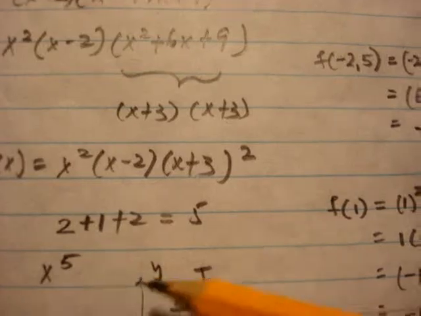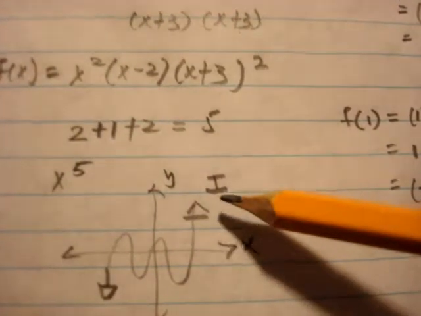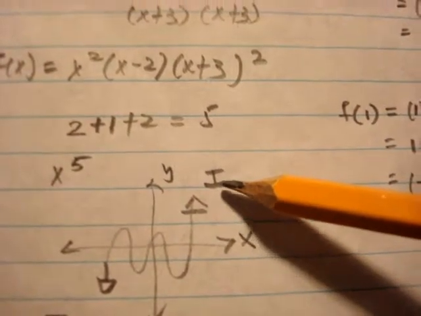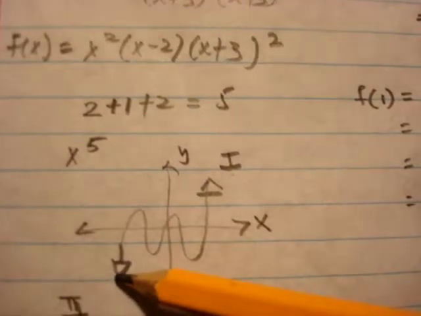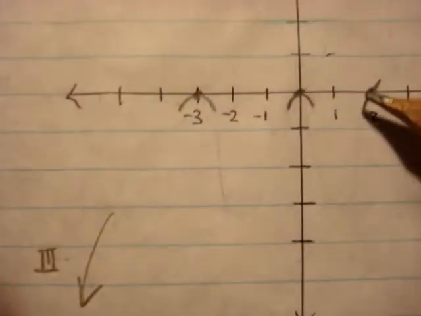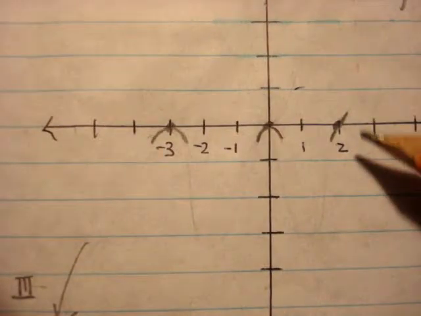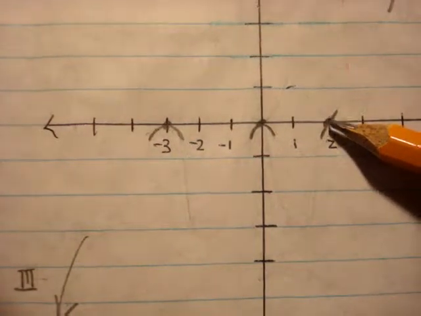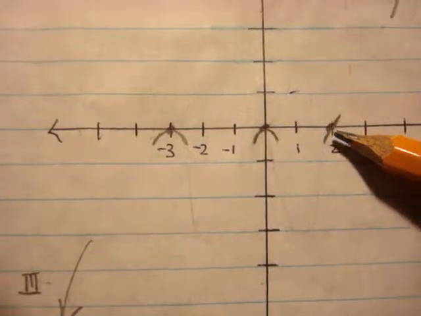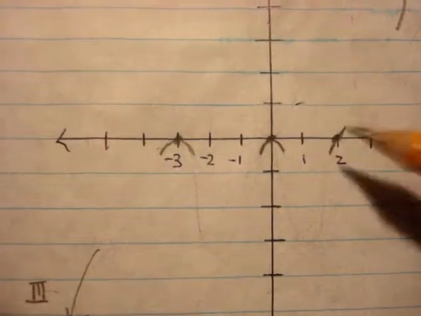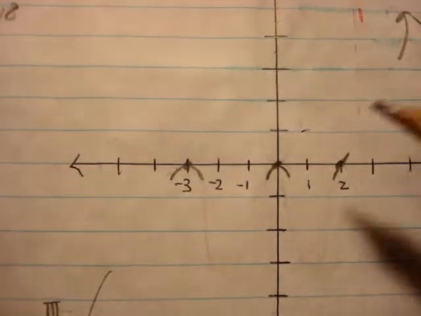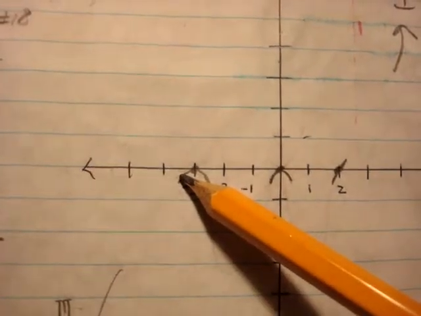The x to the 5th means your graph, the end behavior, will be tilted up on the first quadrant and down on the third quadrant. So for the zero of 2, it will cross like this. And once you have all that, you just need to connect the points.